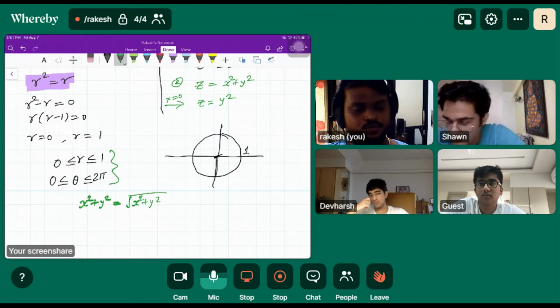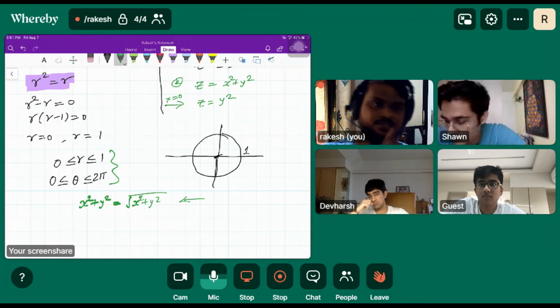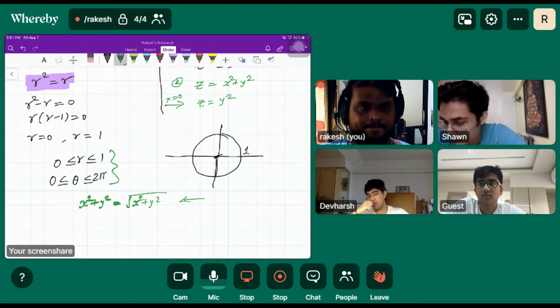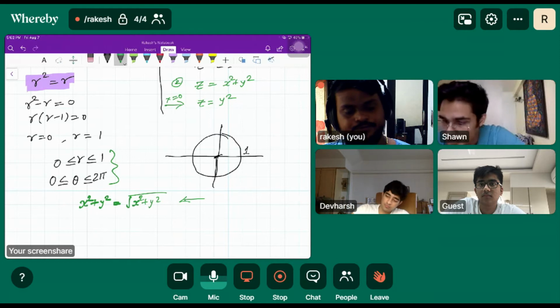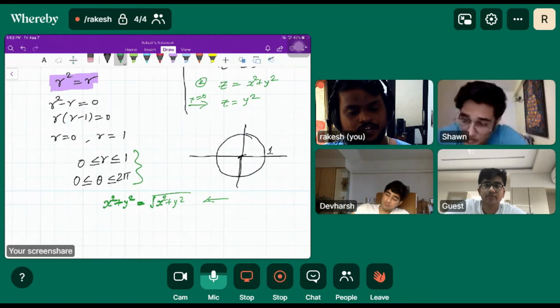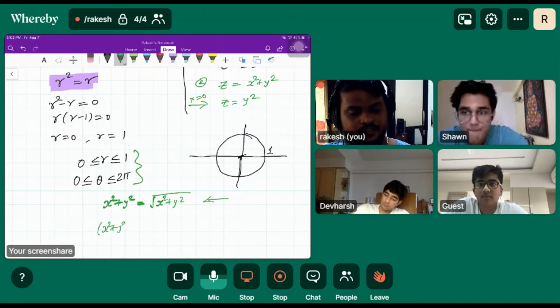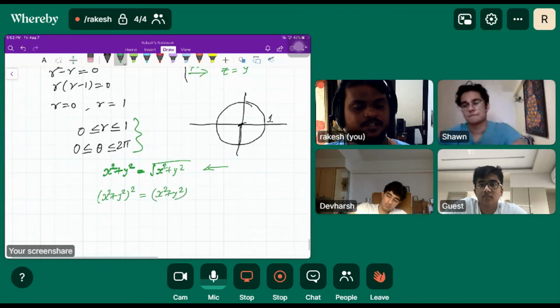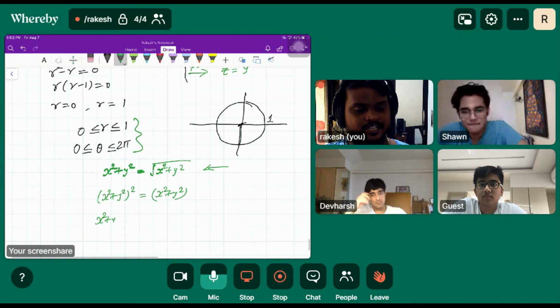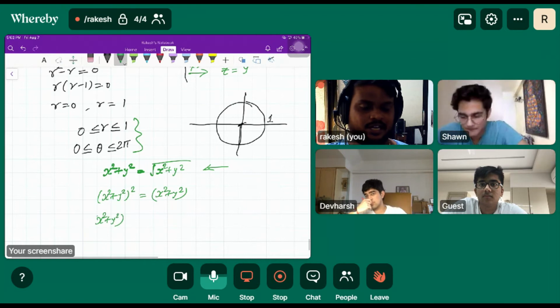See, this is what we are used to. We equate the surfaces, right? So if you square on both sides, this will give you x square plus y square is equal to x square plus y square. The same idea behind this, that's why I explained this in terms of r.